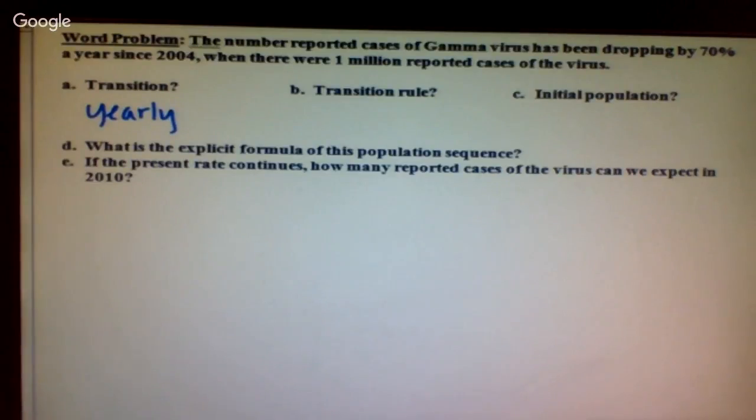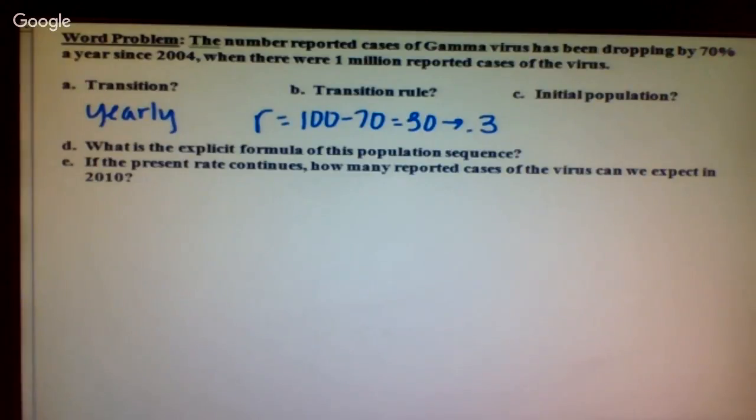What is my transition rule, aka what am I multiplying by? What is my R value? It's decreasing by 70. So what does that look like? 0.3. We are going 70 less than 100, which gives me 30, written as a decimal, is 0.3.